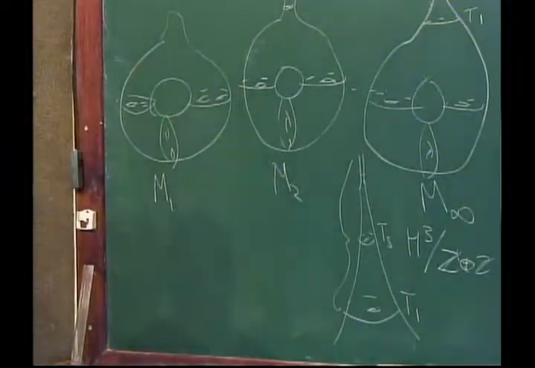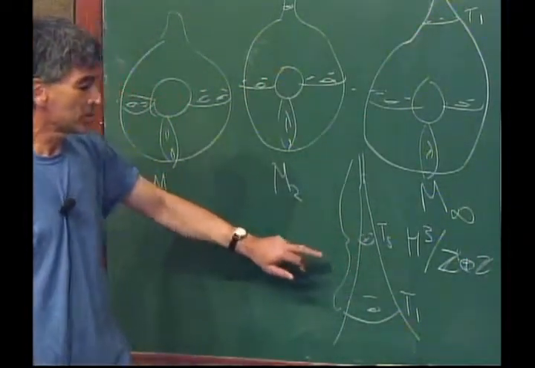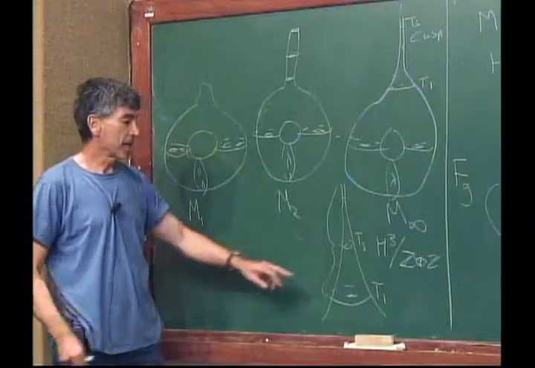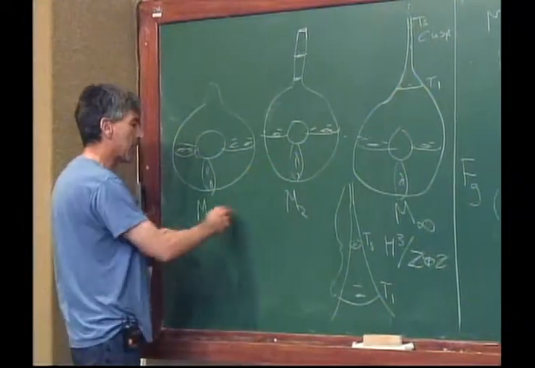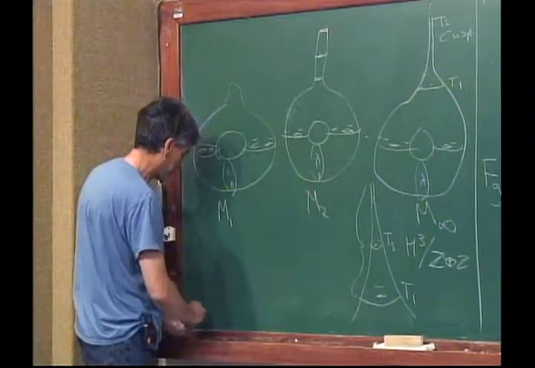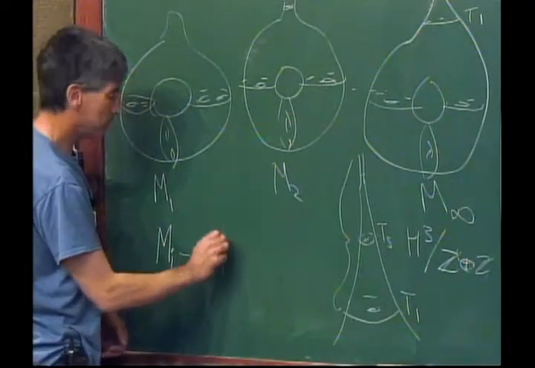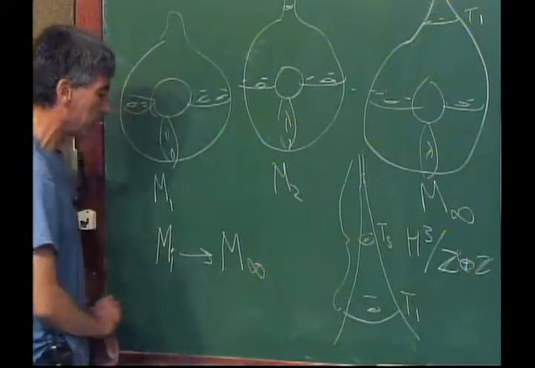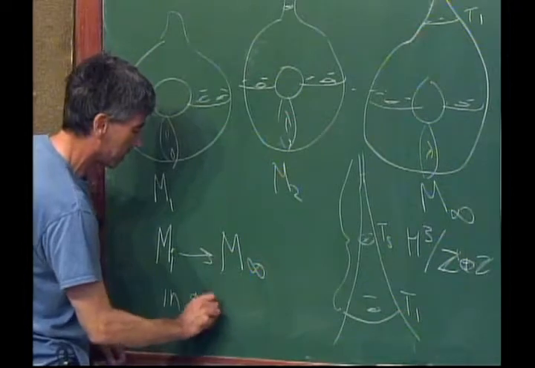So these finite volume manifolds have pieces that are exactly isometric to part of this infinite cusp. And these manifolds M sub i converge to this non-compact manifold in what's called the geometric topology.